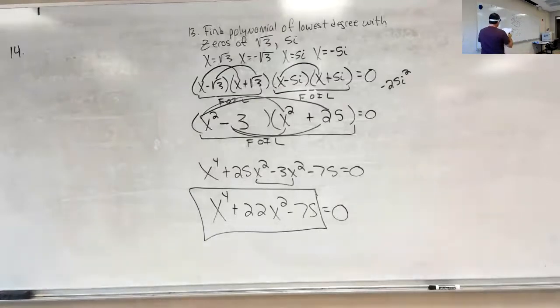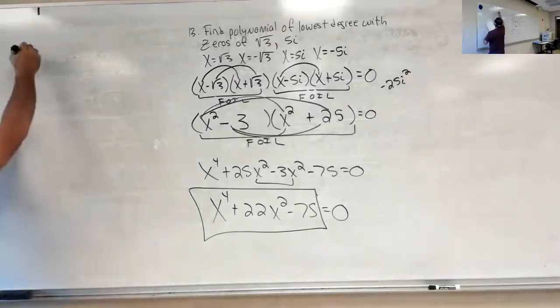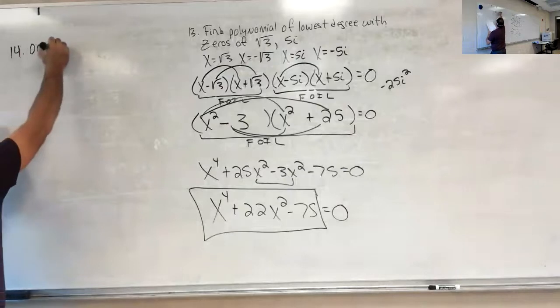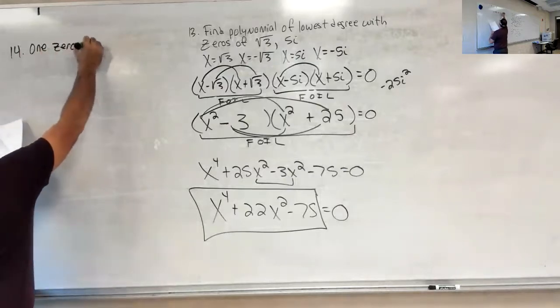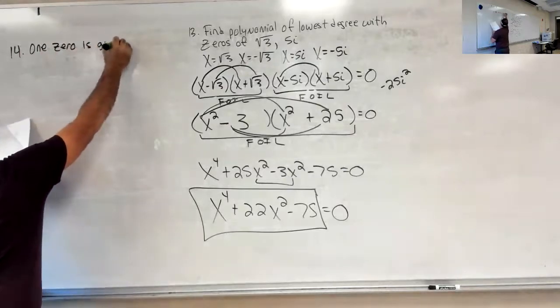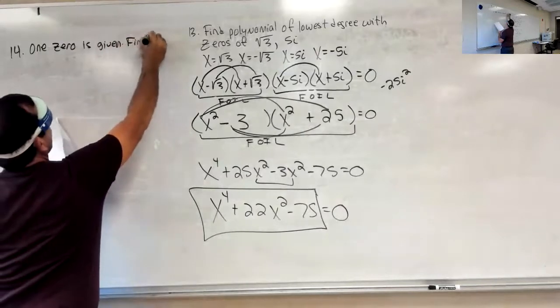All right, so this is the one I was talking about earlier. 1 zero is given. We're going to find the other zeros.